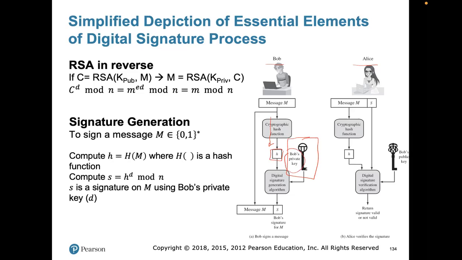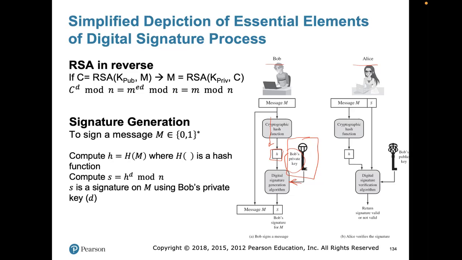Bob encrypts this using his private key, not his public key. So Bob encrypts this using his private key, and this is the only portion of the message which is being encrypted. The rest of the message will just be transmitted as is without any change.